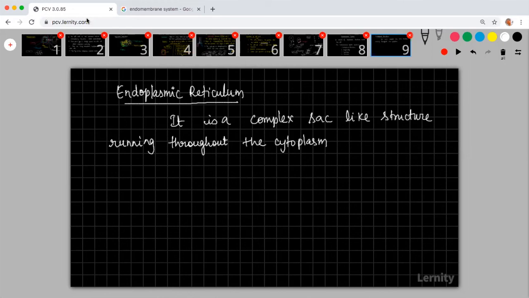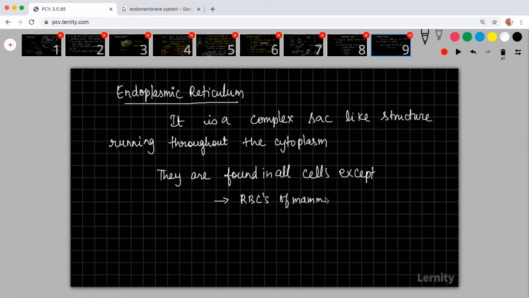Okay, they are found in all cells except RBCs of mammals, eggs, and embryonic cells.